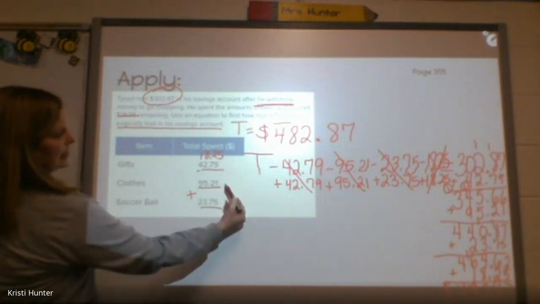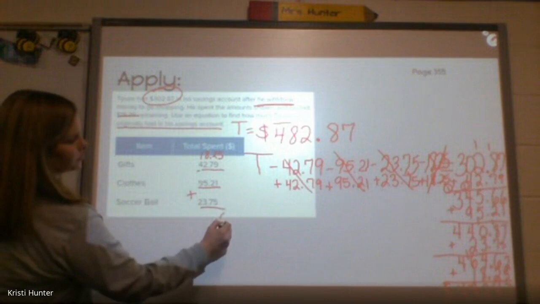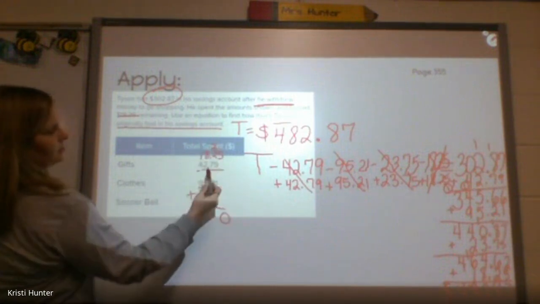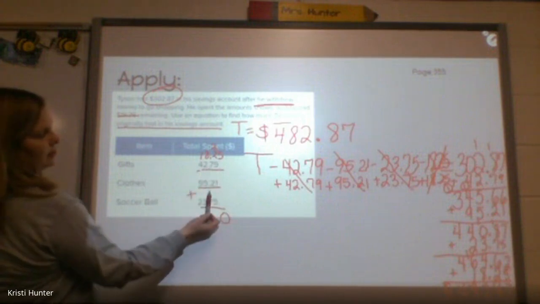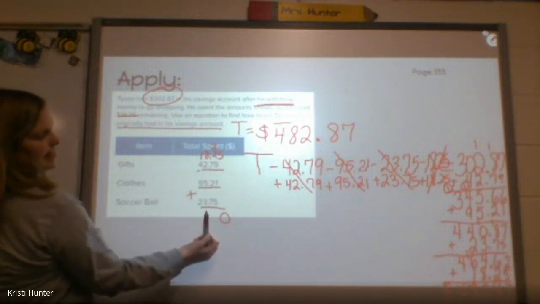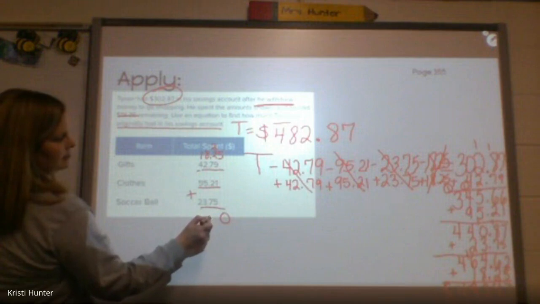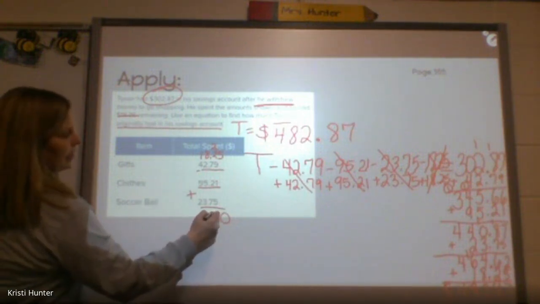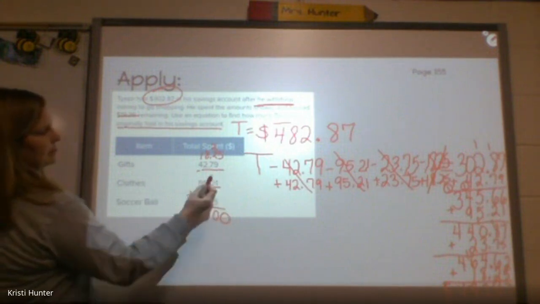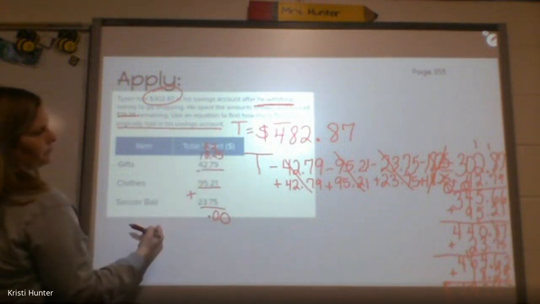Okay, so let's see if we get the same answer that way. So let's see, 14, 15, that would be 20. So carry my 2, 2, 4, 11, 13. Ooh, 13 plus 7 would be 20 again. Put down the 0, carry my 2.